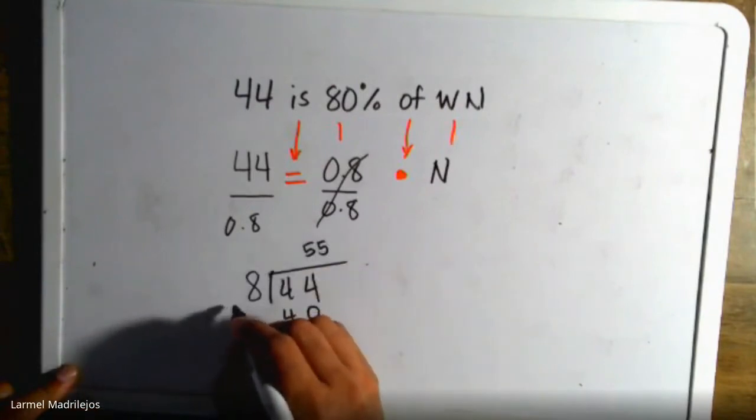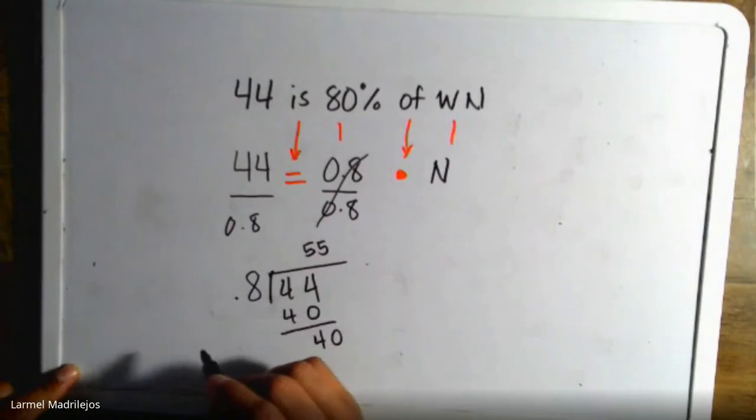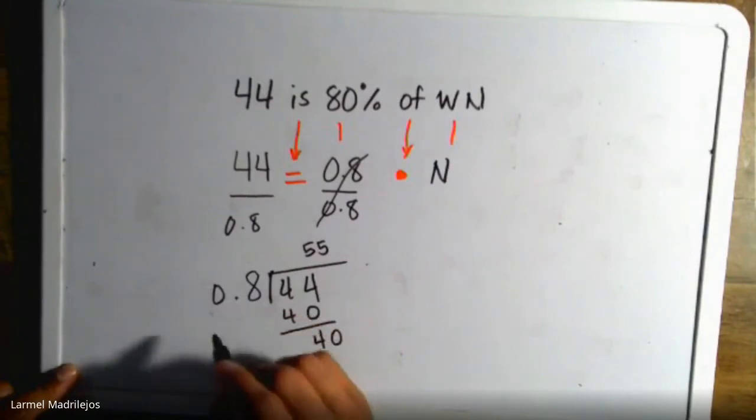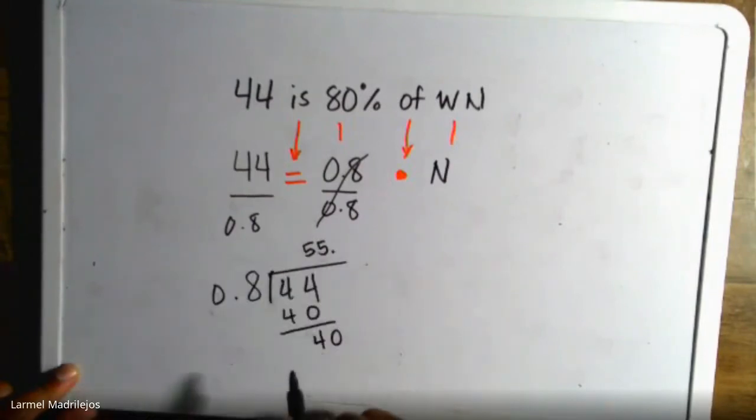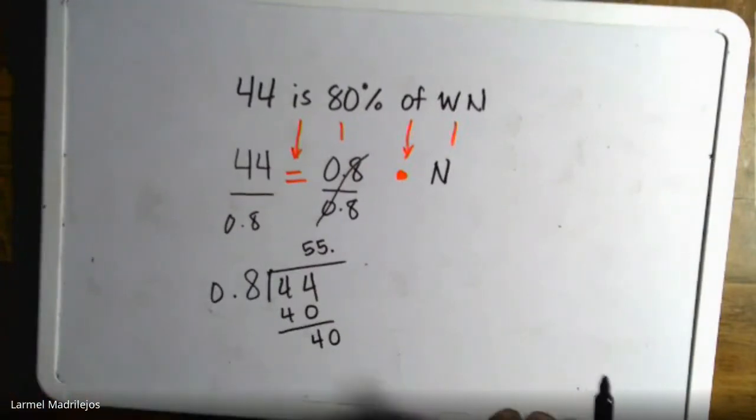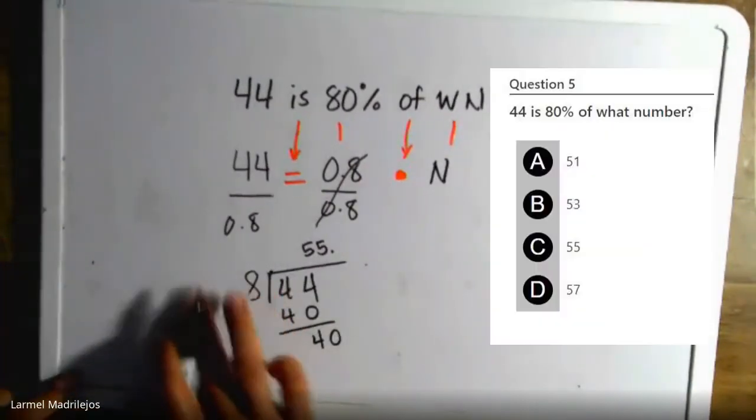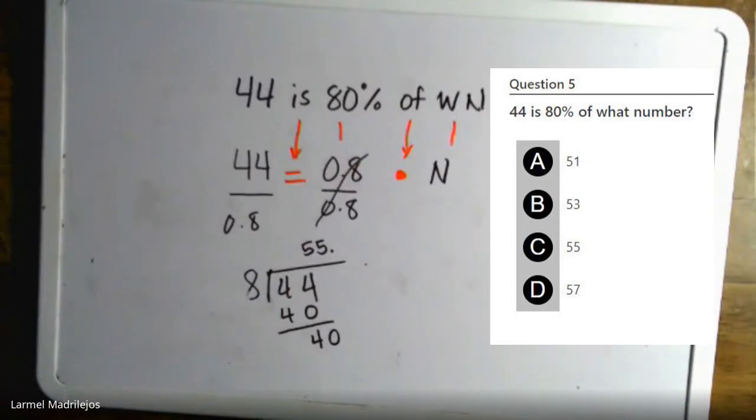Now, we had a point earlier, 0.8, so it means the point is also there. Okay, that's how it works. The answer is 55, letter C. Next question.